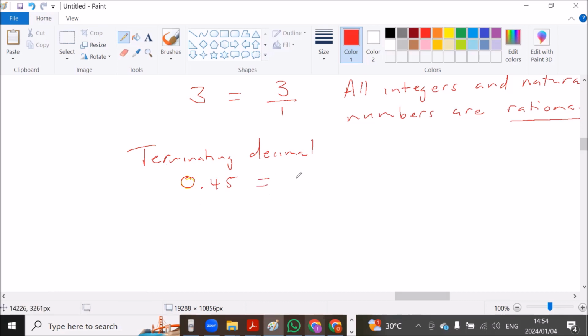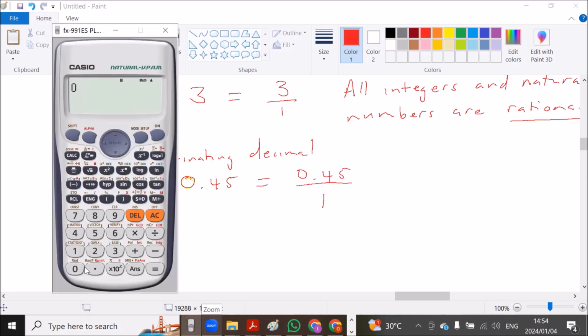This can be expressed as 0.45 over 1. If we say 0.45 over 1, what do we get? We get 0.45.